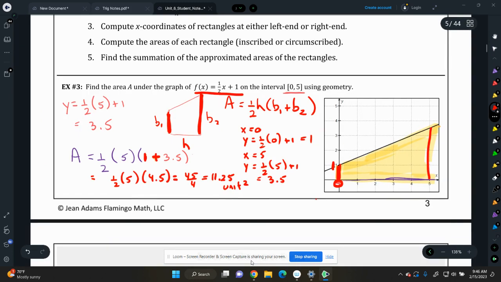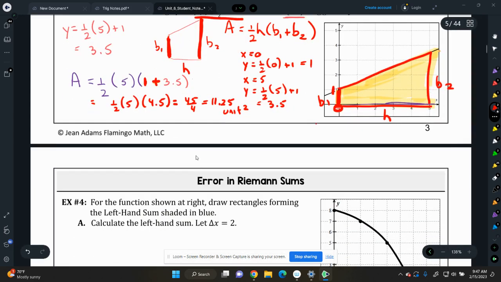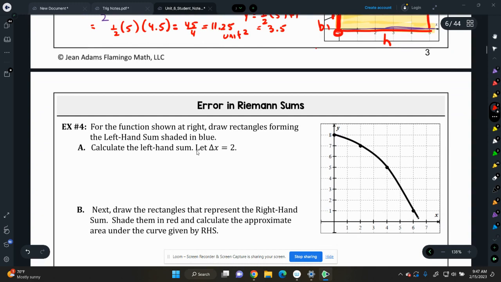Okay, so we took this and we turned it into one big gigantic trapezoid. And here's my B1, and here's my B2, and this is my height. When we do these trapezoids, we're always turning that trapezoid on its side. So the height is always going to be the X value with a change in X.